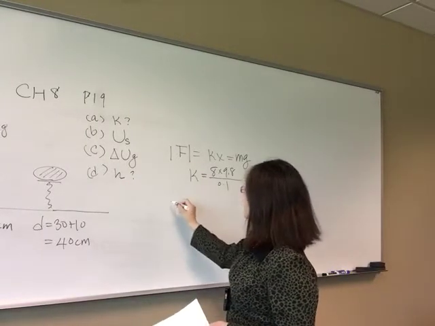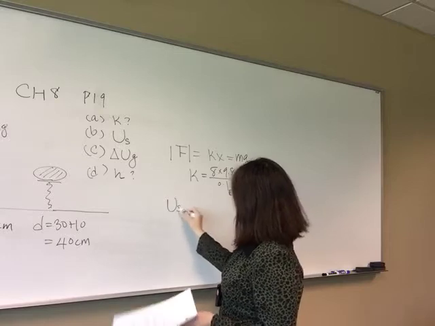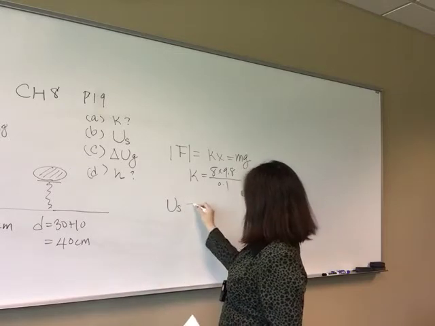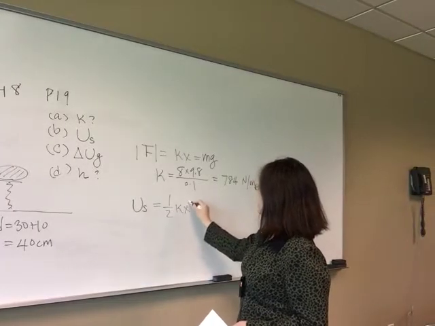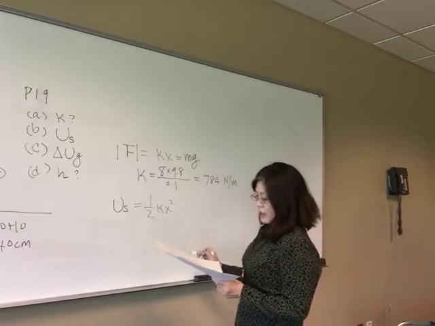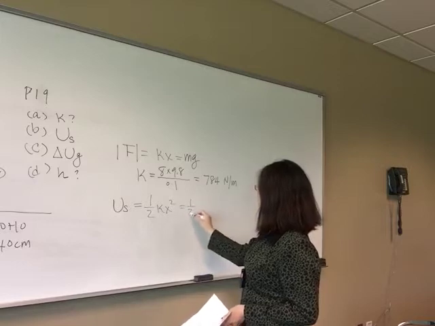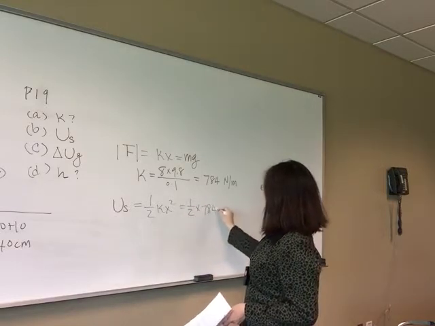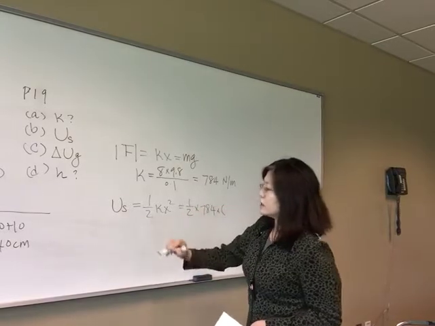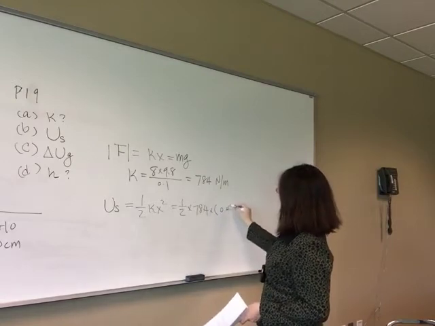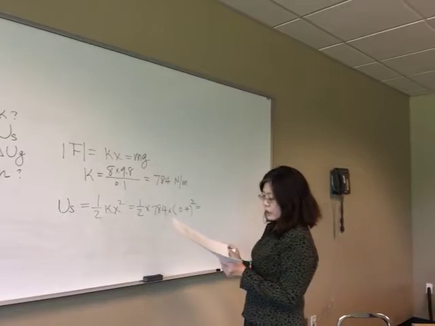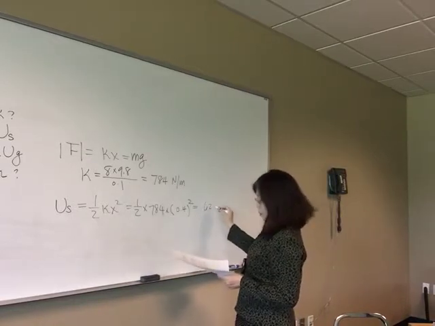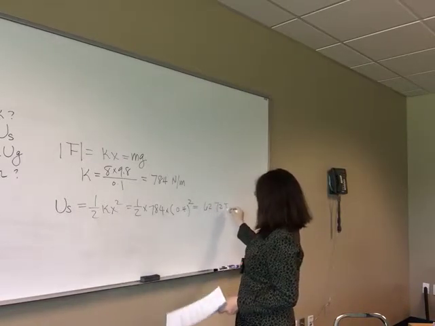The spring potential energy is just equal to 1/2 times the spring constant times the displacement squared. So we have 1/2 and your k value, and the displacement is 0.4. You square it, and you should get a spring potential energy equal to 62.72 joules.